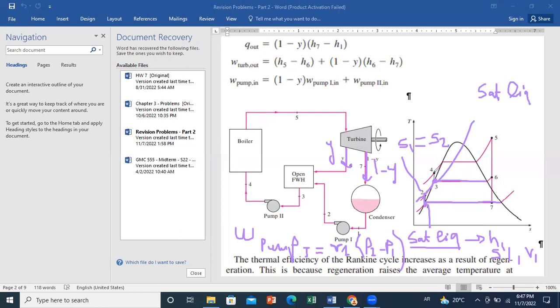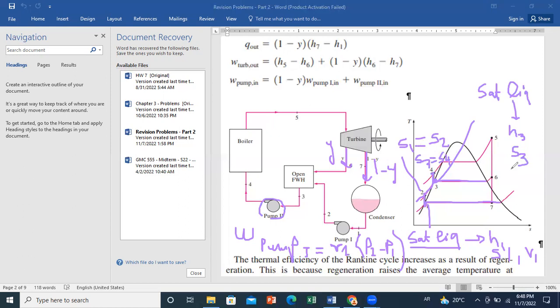From 3 to 4, you have the second pumping stage. So point 4 is characterized by S3 equals S4, and I get S3 from saturated liquid. From saturated liquid at intermediate pressure, I can read H3 and S3, because I will need it for point 4.